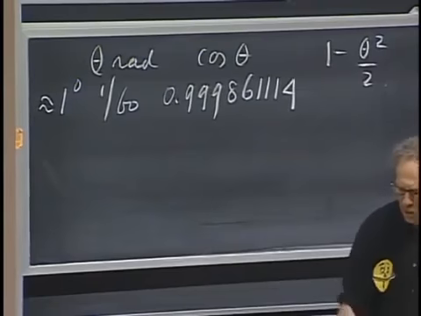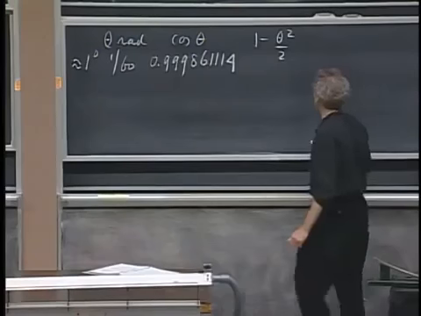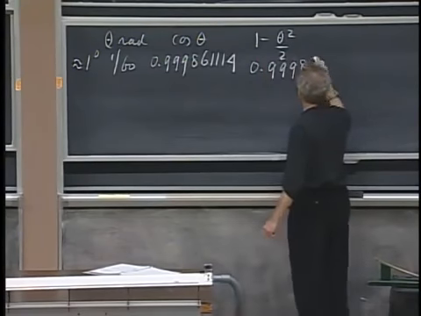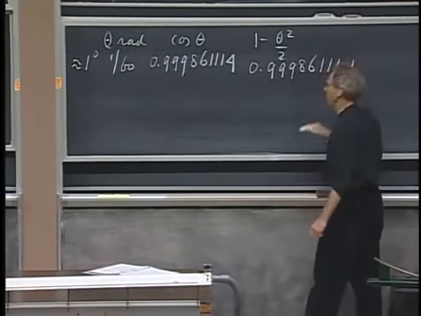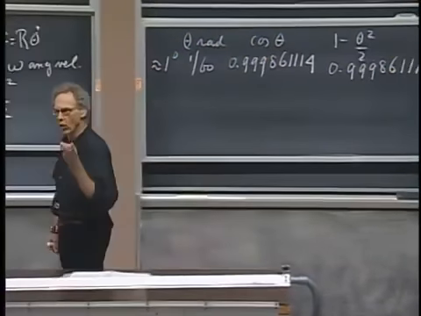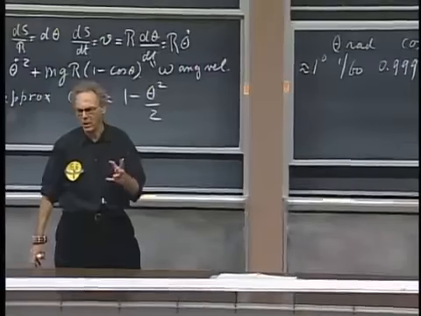Then I calculate what 1 minus theta squared over 2 is, and I find 0.999861111. That is very, very close. That only differs by 3 parts in a billion.